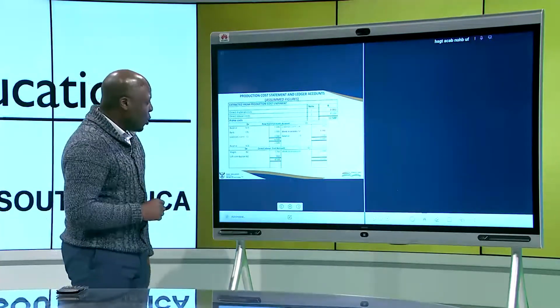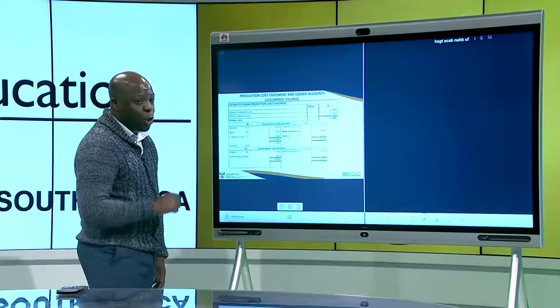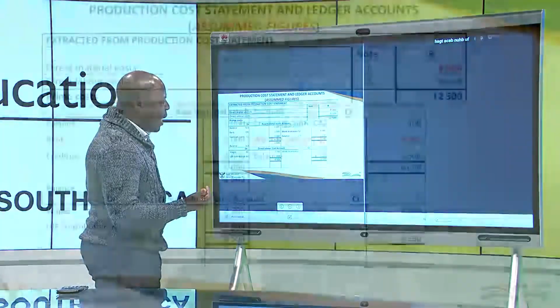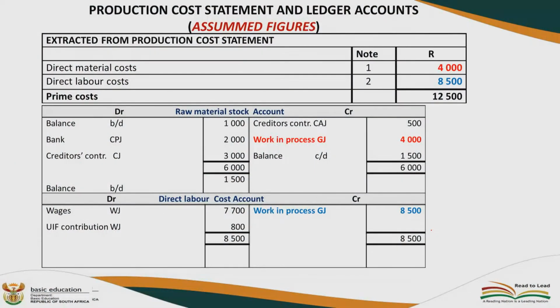So we're going to start off with our raw material stock account. You understand it's a stock account, so it increases on the debit. So here is your plus, and here is going to be your minus. You start off with your stock at the beginning, which is 1,000, and you purchased stock for cash, 2,000, and also on credit, 3,000.